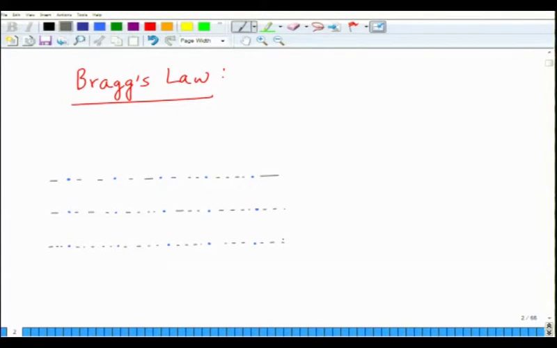So, these are the atoms. And hence, this is the HKL set of planes, and the interplanar spacing between these is d. d is the interplanar spacing.